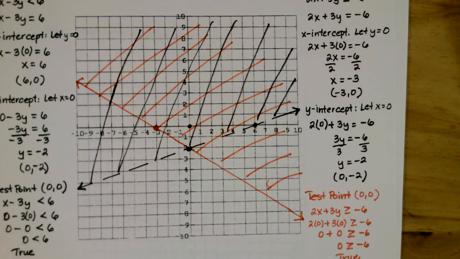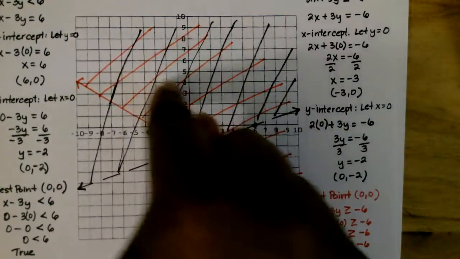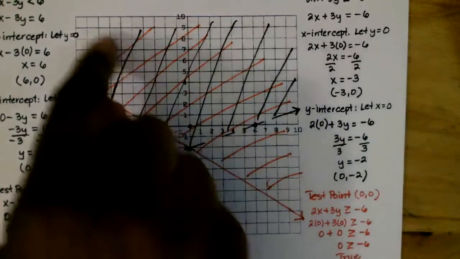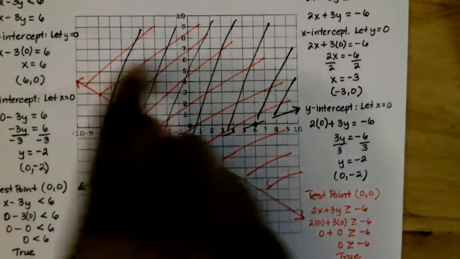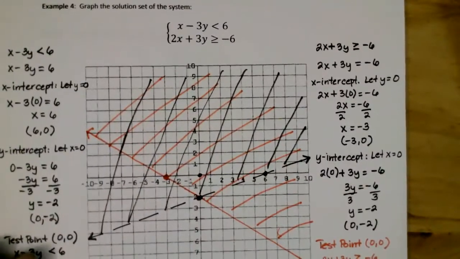If you look at it, it's this region right here, where I have both the black and the red lines intersecting. That is going to be the region that will satisfy this inequality.